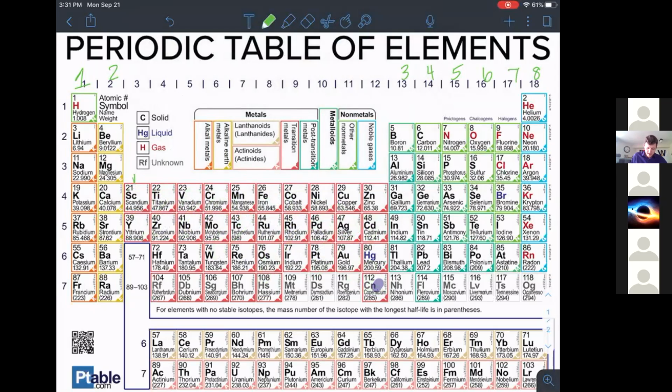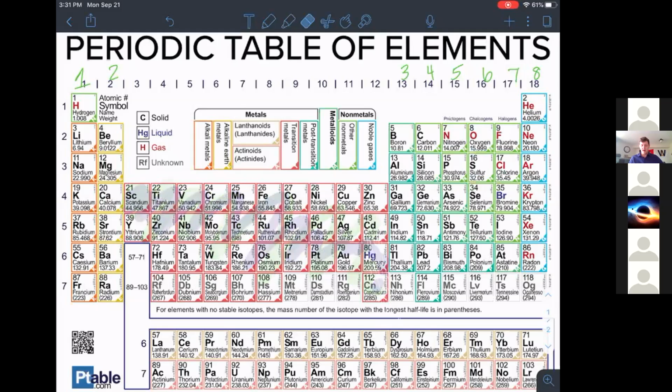When you get to this one right here, if I start at scandium, that electron actually goes into its third orbital and not the fourth orbital. So that third orbital will get 10 more electrons, and the fourth orbital will get more electrons. So these ones are not going to work for our numbering.